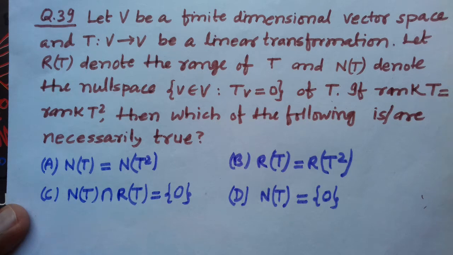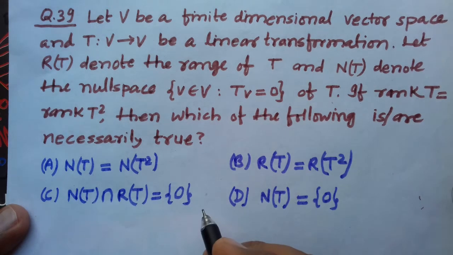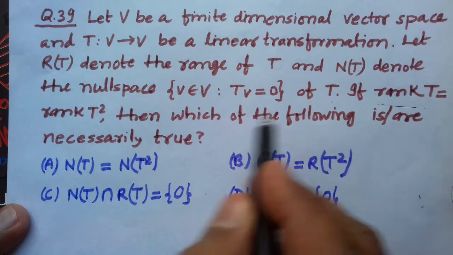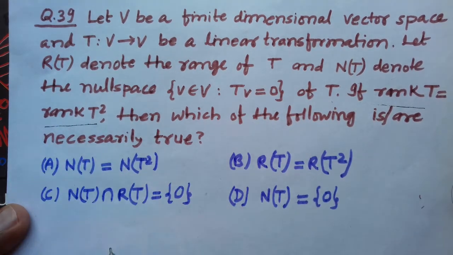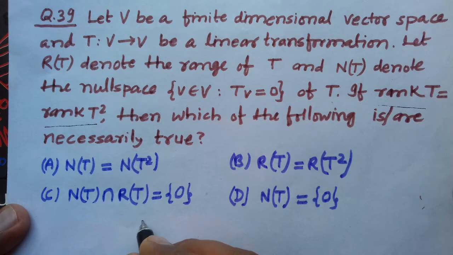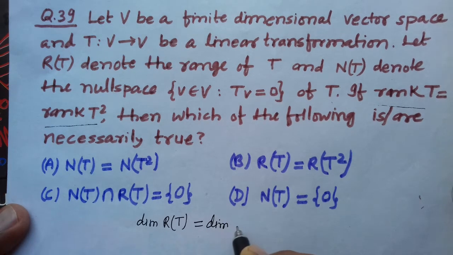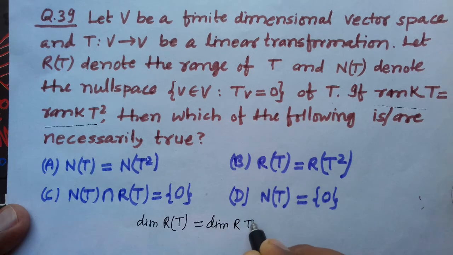We know that the rank of a matrix T is equal to the dimension of its range space. So with this equation, rank T equals rank T squared, we get the dimension of the range space of T equals the dimension of the range space of T squared.